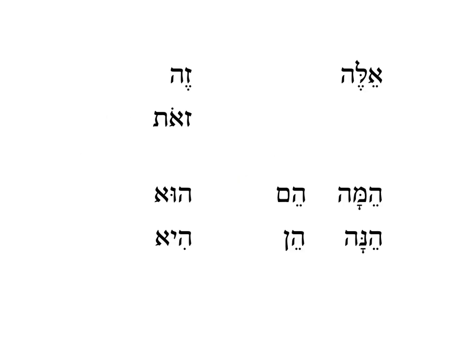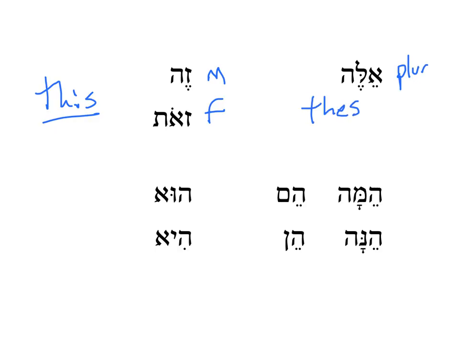Hebrew, like English, has demonstratives. Now, a demonstrative is just very specific. Ze and zot are the masculine and feminine for this. And ele is for both masculine and feminine plural. It is these. Now, in addition to this and these, there's also that and those.